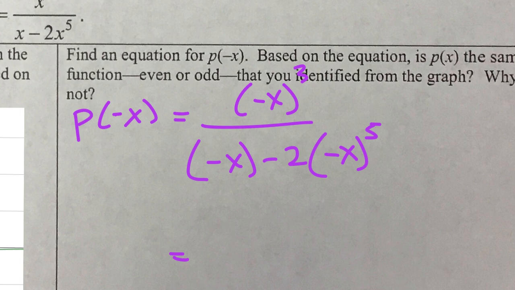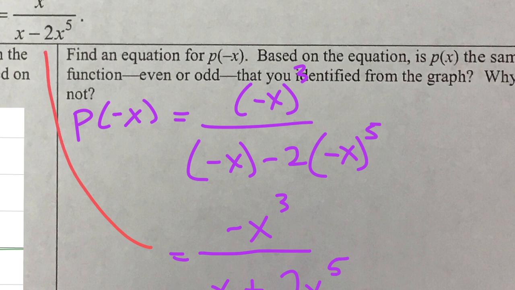On the top, negative x to the third is the same as negative of x to the third. And then we have our minus x. And what about this term? Right? This term is going to be a negative also, but what's a negative times a negative? A positive. So we have a plus 2x to the fifth.